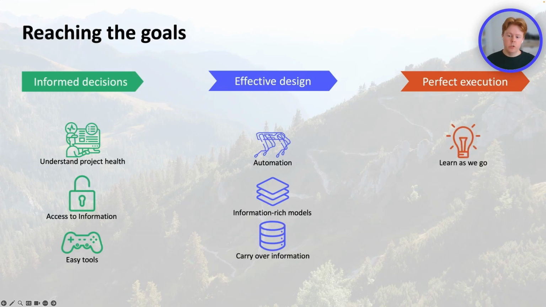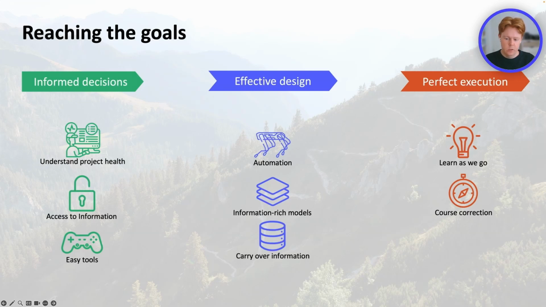And for the perfect execution, we need to learn as we go. When we actually start installing, we need to be able to realize what we're doing right and wrong, have some feedback about that. We need to be able to course correct, and that's a big part, and also a challenge: to not build very strict ways of doing things, and to be able to nimbly pivot to another solution or another workflow, or choose other paths than the one we thought we would go a year ago or 2 or 3 years ago.